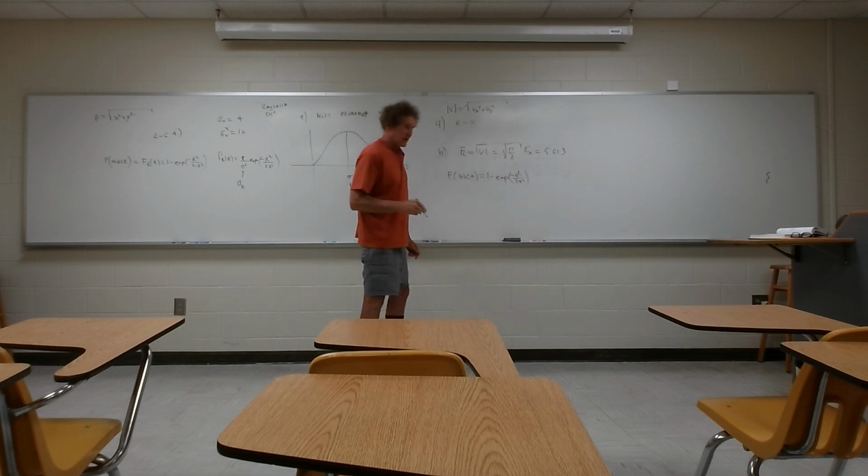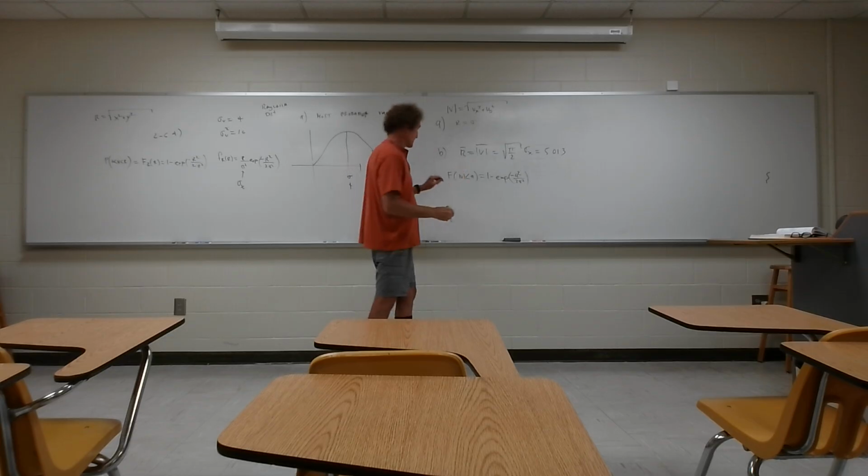We've got sigma given to us, right? That's being less than that velocity, right? The probability it's greater than that velocity would be 1 minus that.